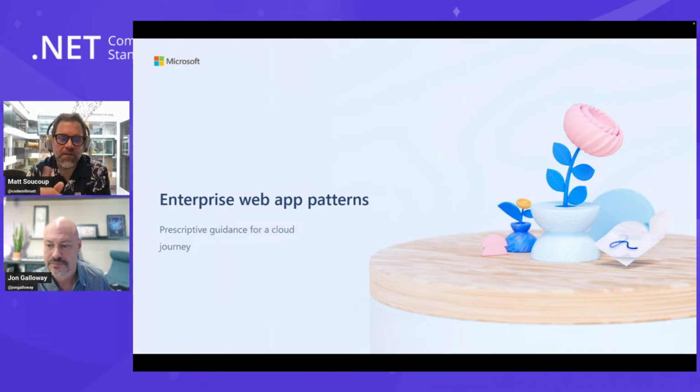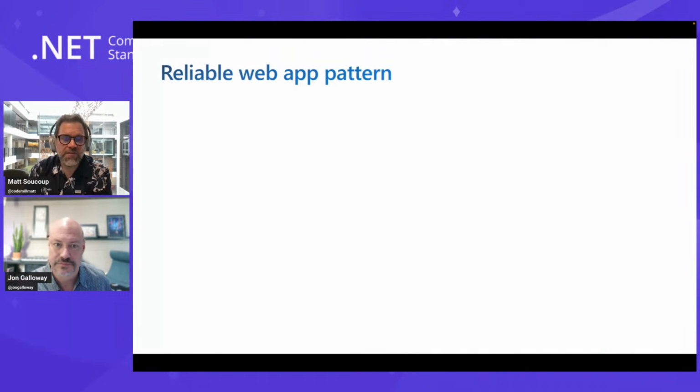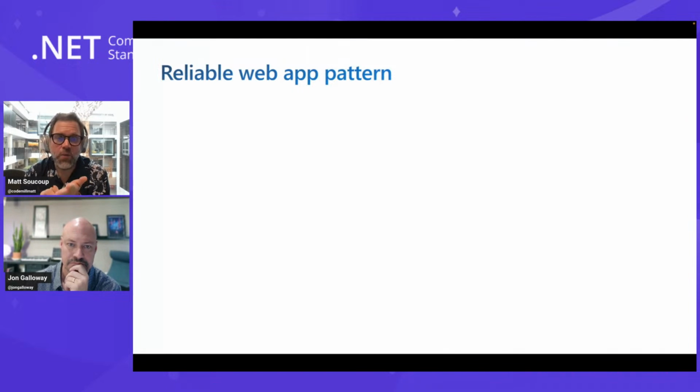And it's really this first one, reliable web apps. It's the first step in the journey, and it's moving over from on-prem to the cloud. So it's your very first step into your cloud journey. And so what we're doing is that we're going to be making the minimal amount of changes that we have to in order to get things up in the cloud and being reliable.